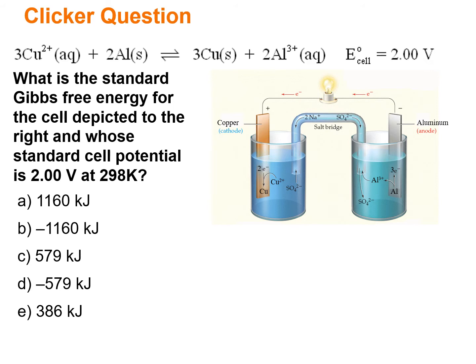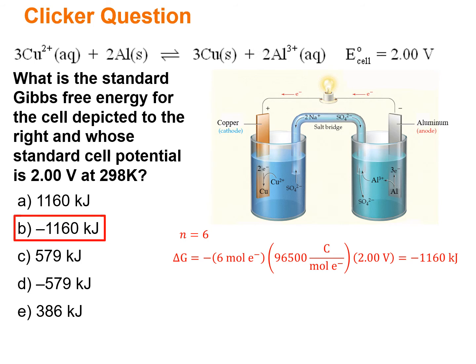Well, it's the same as that problem we just did. If we looked at what was necessary to balance that, that would have been 6 electrons. So we should get N equals 6. Then we calculate the delta G, and we'll find that we get negative 1160 kilojoules. Does this match up with any of the ones that we see there on the left? It does. It is B.